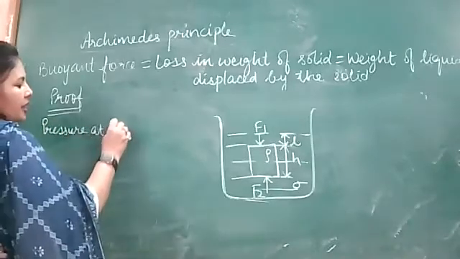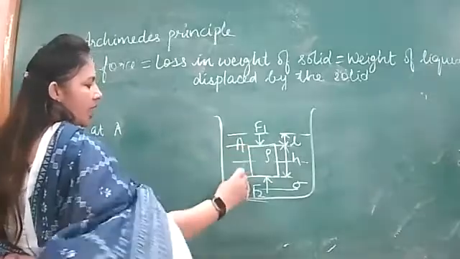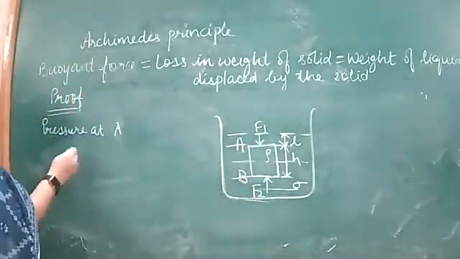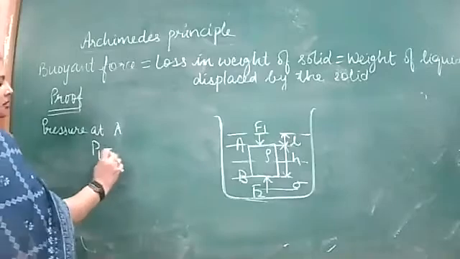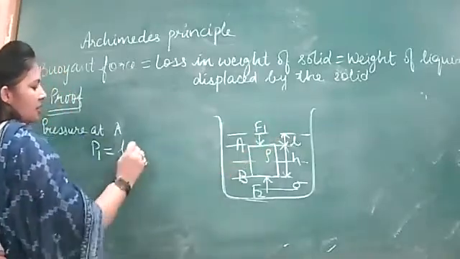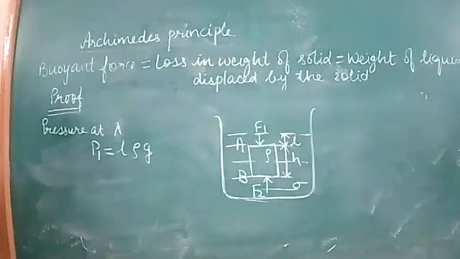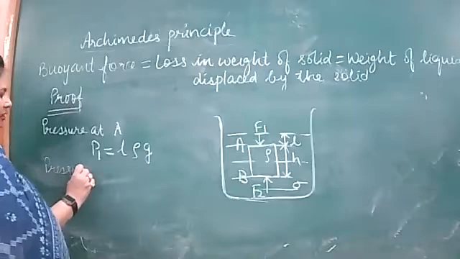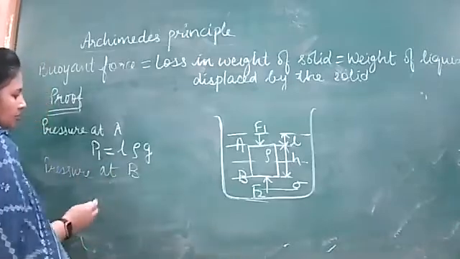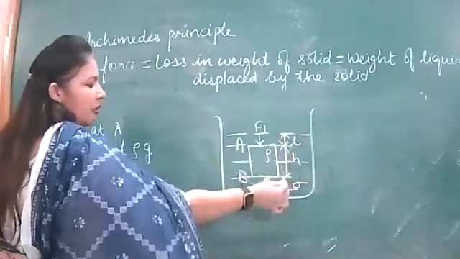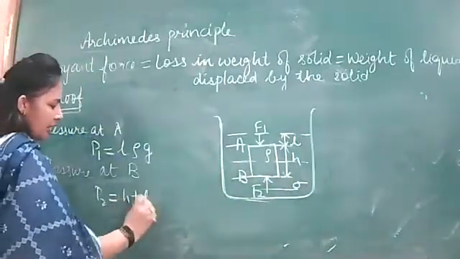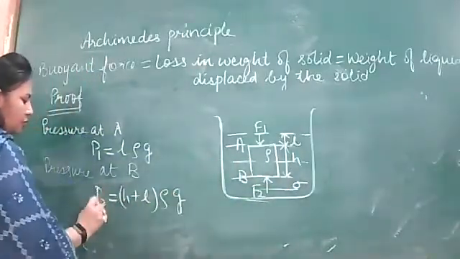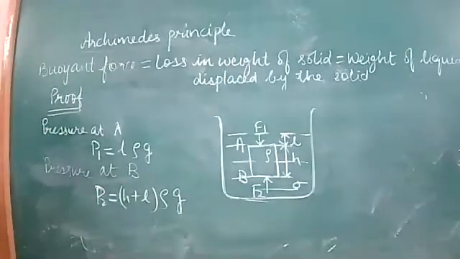Suppose this edge is A and this edge is B. The pressure at point A can be written as P1, and since the depth is L, P1 is equal to L rho G, according to the formula H rho G, where here H is L. And the pressure at point B: the total depth of point B is H plus L. So we can write the pressure P2 as (H plus L) rho G. Any doubts in these two pressure equations? You can raise your hand.